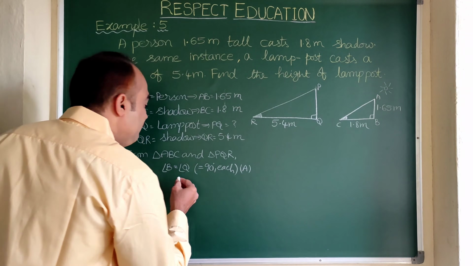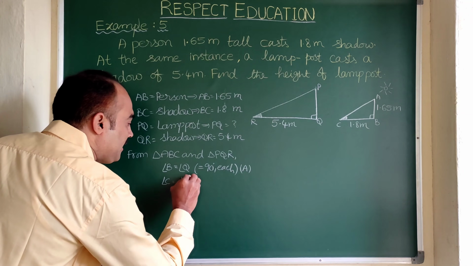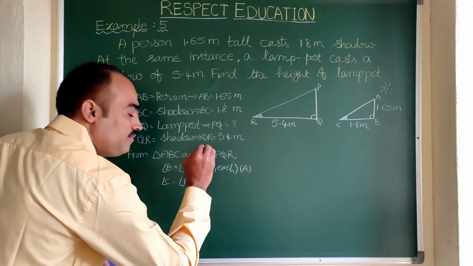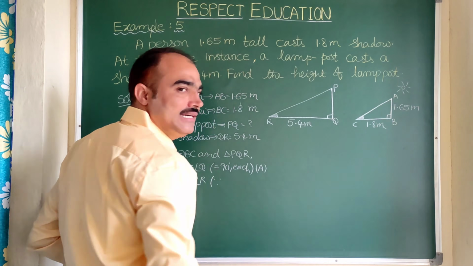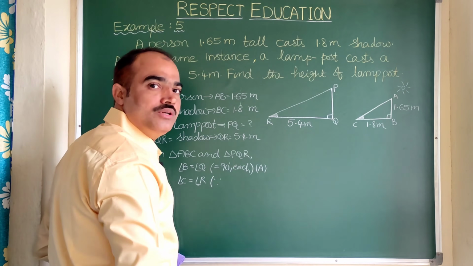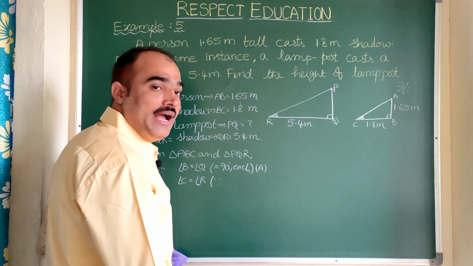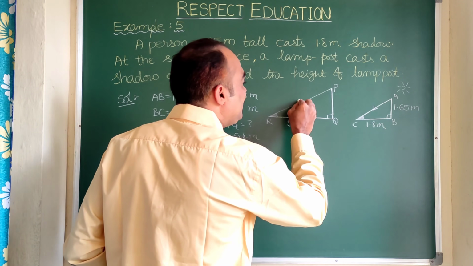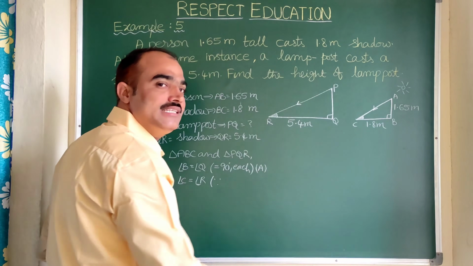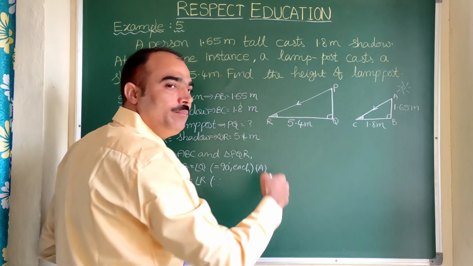So here we know that angle C is equal to angle R. The reason is that if you observe, the sun is extended at the right side. So AC and PR both are the rays coming out from the sun. As we know, the rays coming out from the sun are always parallel at any instance. That means here clearly AC is parallel to PR.